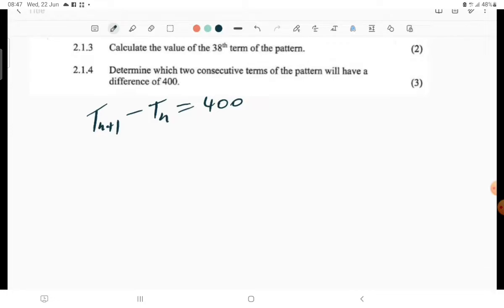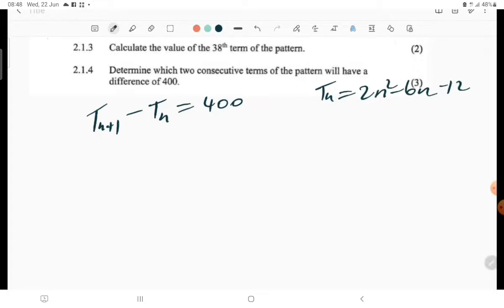So tn plus 1, when tn was equal to 2n squared minus 6n minus 12. Here you can see that in the place of n they just put n plus 1, because now they are looking for the consecutive terms. That is why we have tn plus 1 minus tn, which means the term which is before tn plus 1.